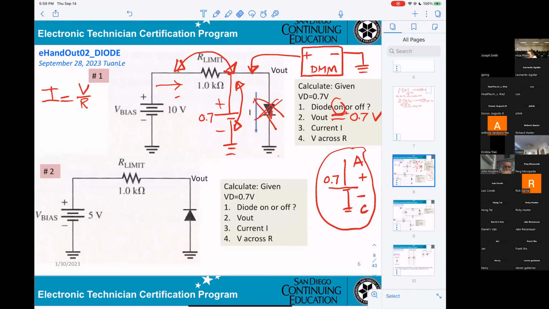That means 10, right? Minus 0.7, divide 1K. I'm not doing the calculation, you guys do it. I just gave you the formula.